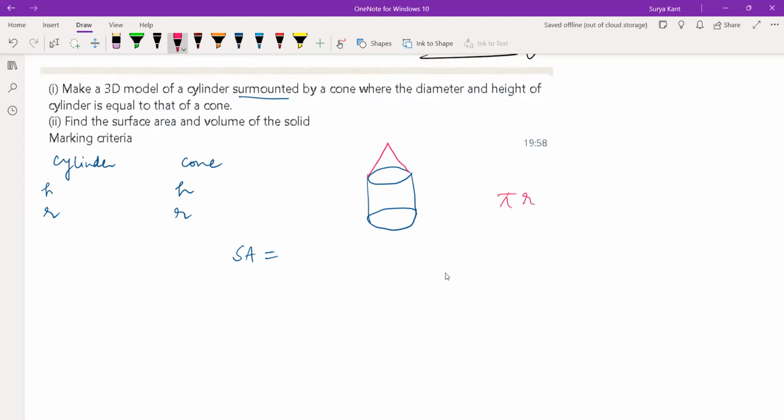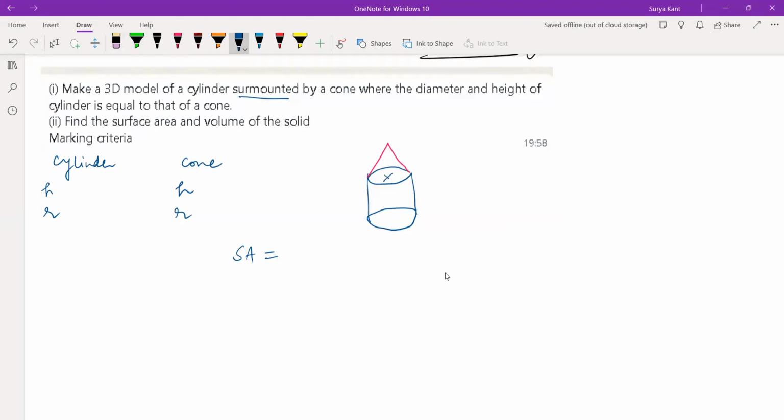By seeing the formula only, you can tell whether this is volume or surface area. See how many powers are there: 2 plus 1 is 3, so three-dimensional is volume. Try to understand the concept. Area always comes in square form, so the total power will be 2.